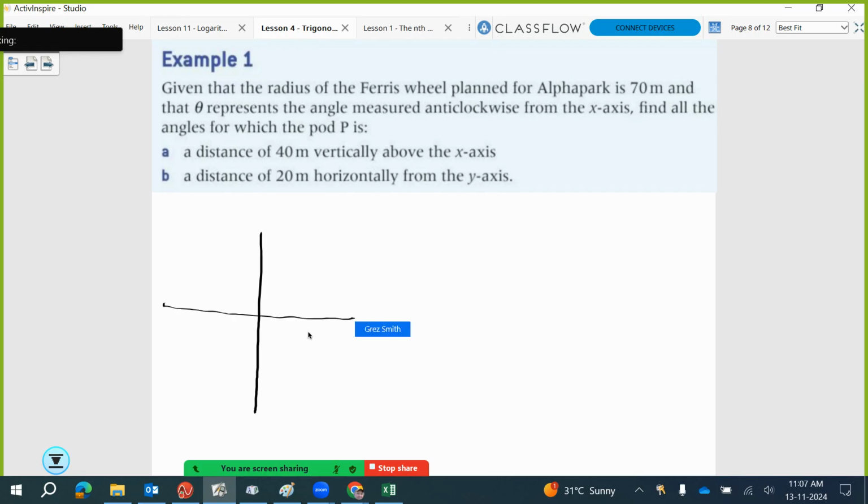If I draw in my Ferris wheel, it's going to look like this. The height of the Ferris wheel, given that the Ferris wheel is planned 70 meters. So the radius of the Ferris wheel, that means that this distance here is 70.